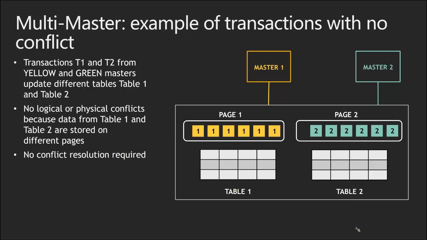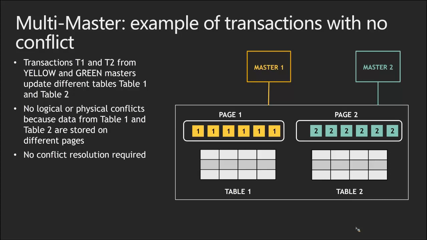One of them is writing to page 1 and the other to page 2. And you remember that we have 6 copies of the data. That's why we can see that each of these pages, page 1 and page 2, is written to the storage layer 6 times, and we don't have any problem, and we don't need to do any conflict resolution because there is no conflict. These are 2 separate pages.